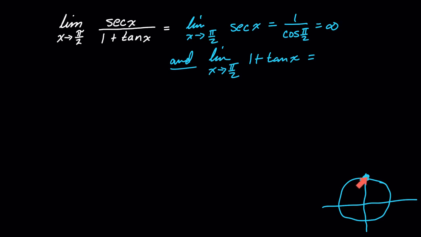So if you look at the limit as x approaches this number, if you move this direction, your x values are getting very, very small. When you get very, very small, 1 divided by your very small numbers turns into a very large number. So this is going to approach infinity as well. All right, so therefore, L'Hopital's rule does apply in this situation. You end up with infinity over infinity.